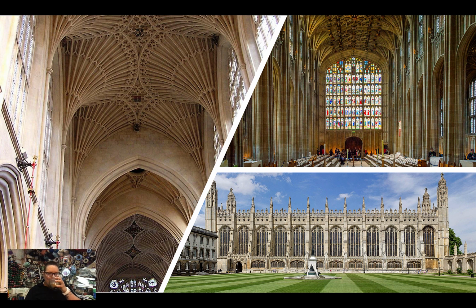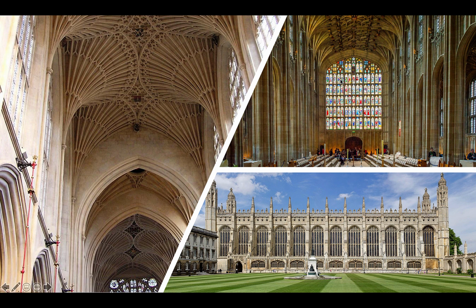So the features of perpendicular Gothic are stark, right? The color kind of disappears and the intensity amplifies. So key features, not that important, but you have more of these little rows of windows that belong under one arch, right?